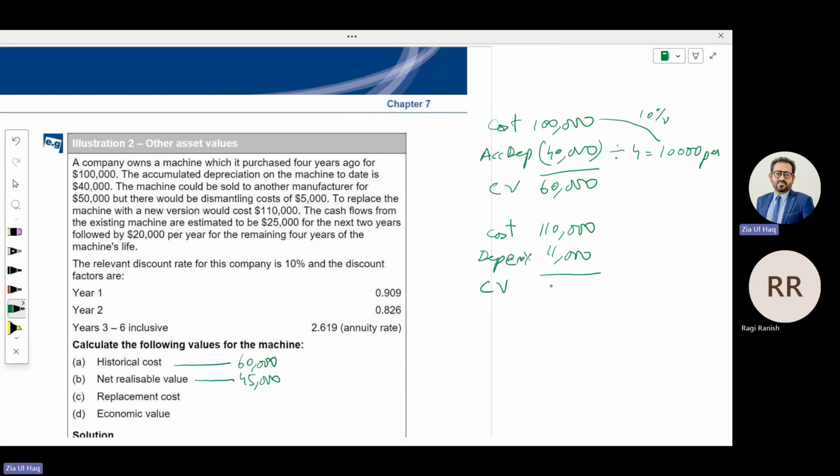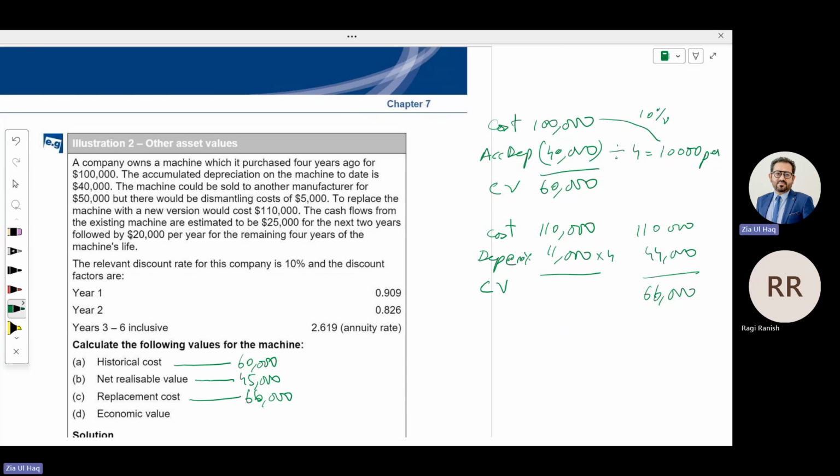After 4 years, we multiply by 4, so 44,000 accumulated depreciation. The carrying value will be 66,000. So this is the replacement cost of the similar asset.